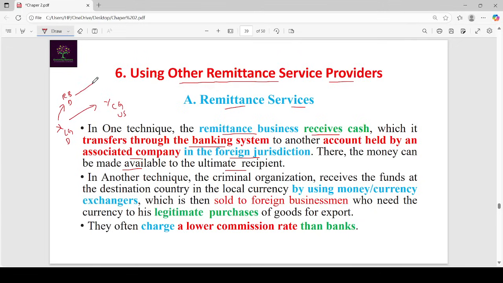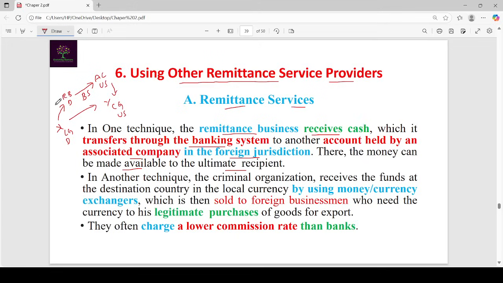So, this business transfers the amount to the associated company in US through the banking system. At the destination center, this associated company delivers the illegal funds to the Y criminal group in local currency.